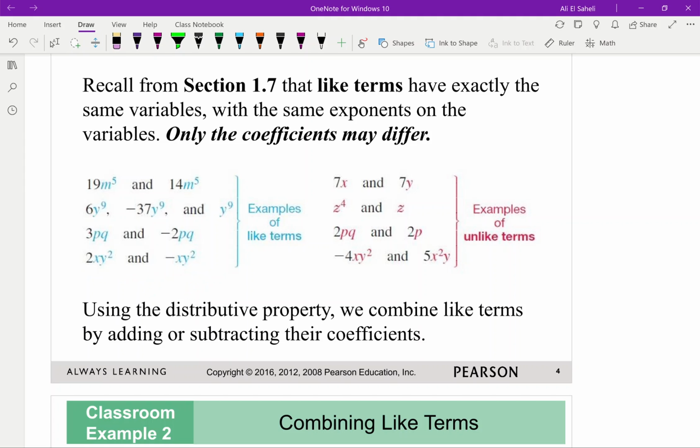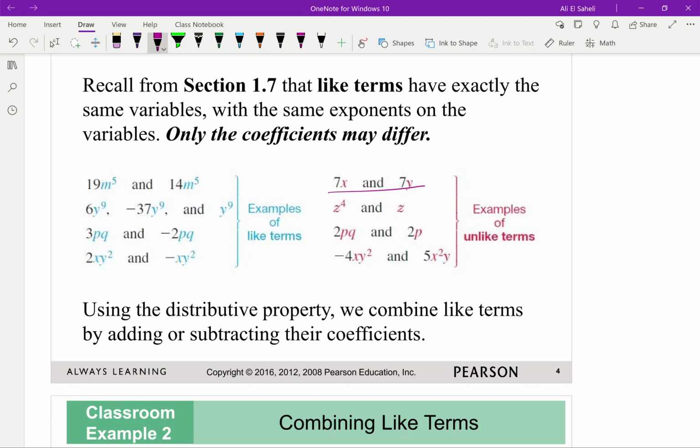But 2xy squared and, let's say, 3x squared y are not like terms. They are not the same kind of terms, so we cannot add or subtract them.